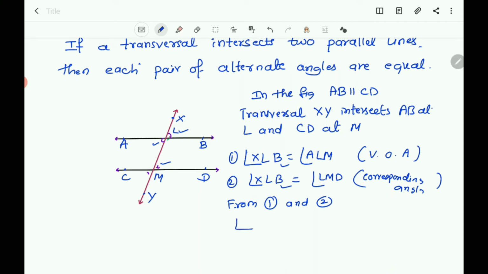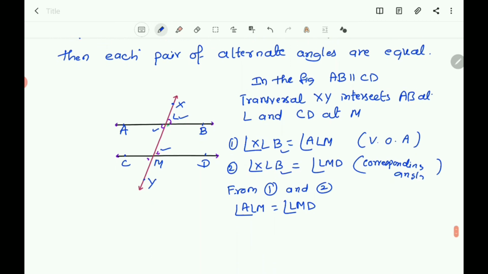Therefore you can write angle ALM is equal to what? Angle LMD. They are nothing but a pair of alternate interior angles. You got one result here.